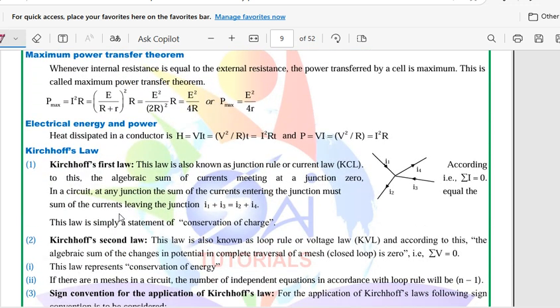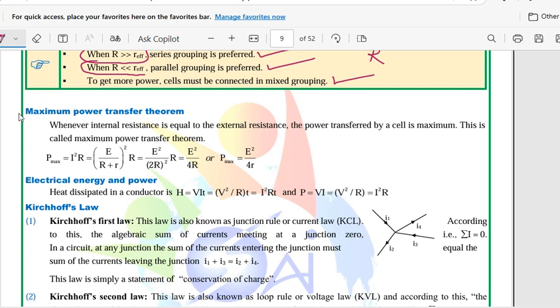Now the maximum power transfer theorem, which is related to this parallel and series combination. Whenever the internal resistance is equal to the external resistance, the power transferred by a cell is maximum.